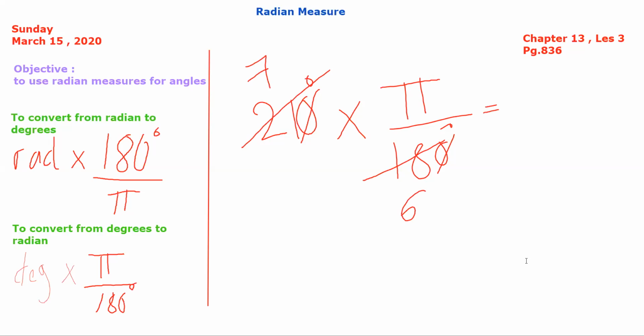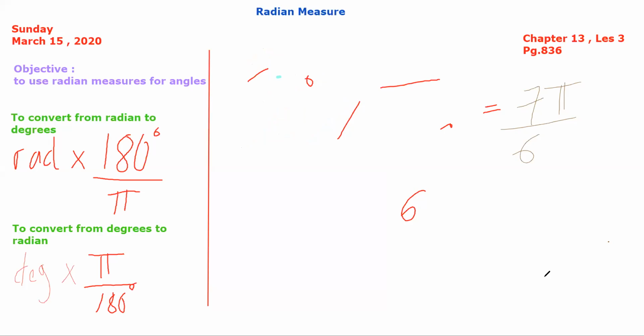So it will be 7 pi over 6. So here 210 degrees is the same as 7 pi over 6 radians.